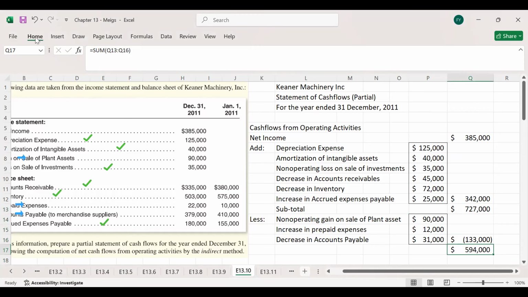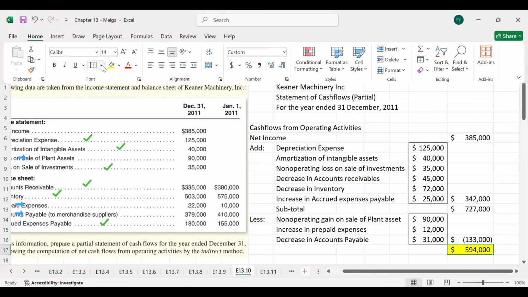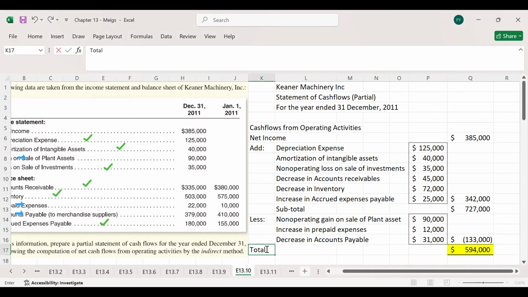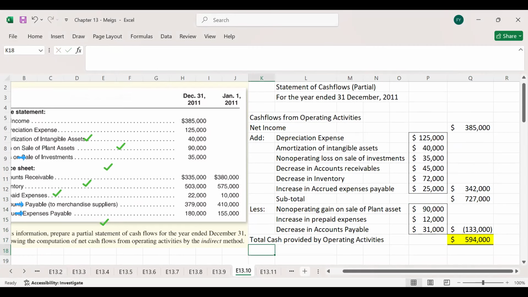So this is the total cash provided by operating activities. So that's it from this lecture, and we have practiced the indirect method.